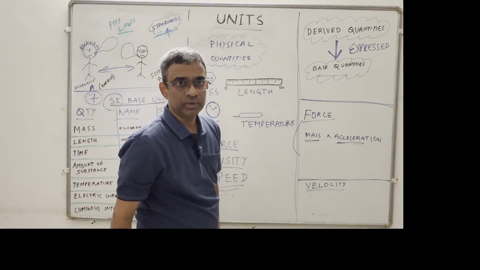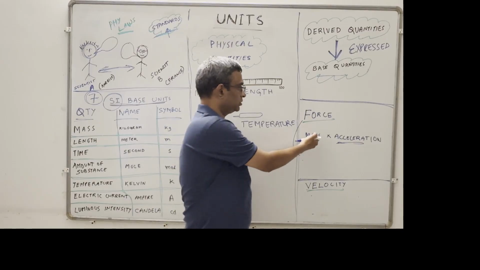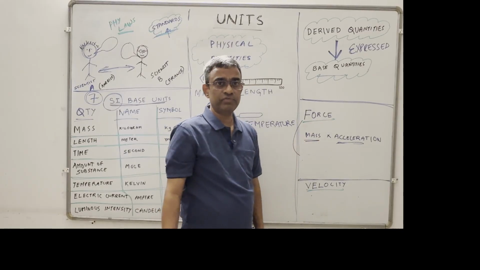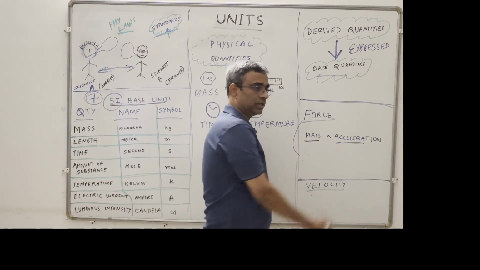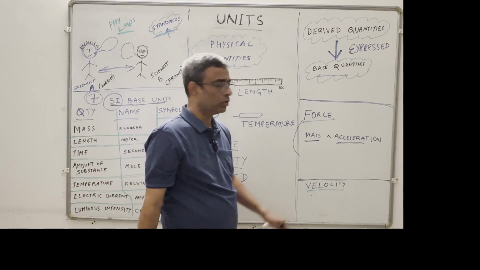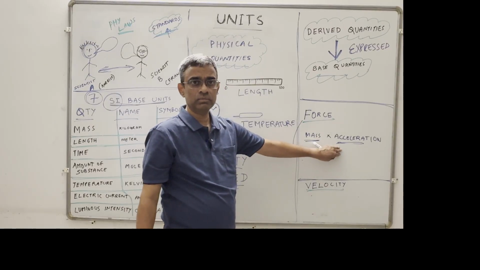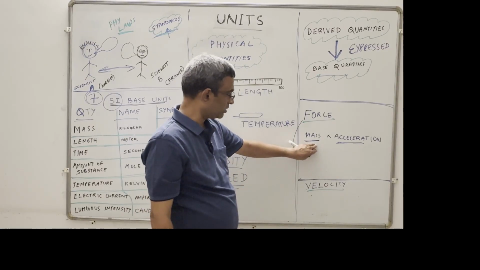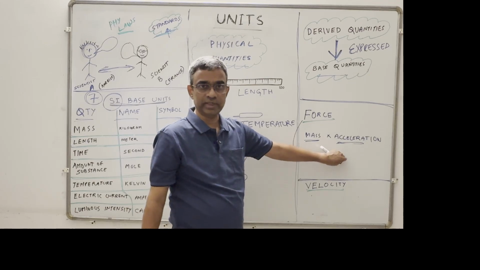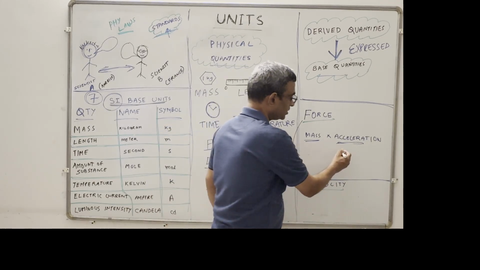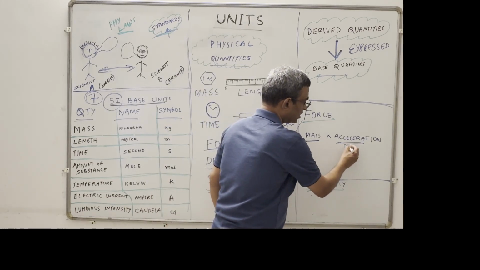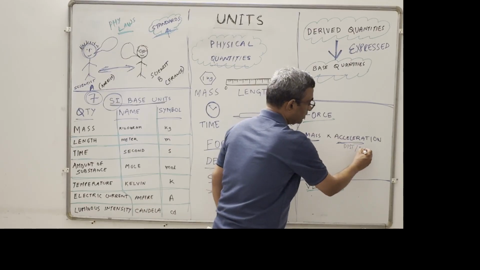Let's take an example. For example, force. Force in physics is defined as mass into acceleration. We don't have to know all of these terms right now, but it is sufficient to understand for now that it is mass into acceleration. And acceleration is defined as distance by time square.